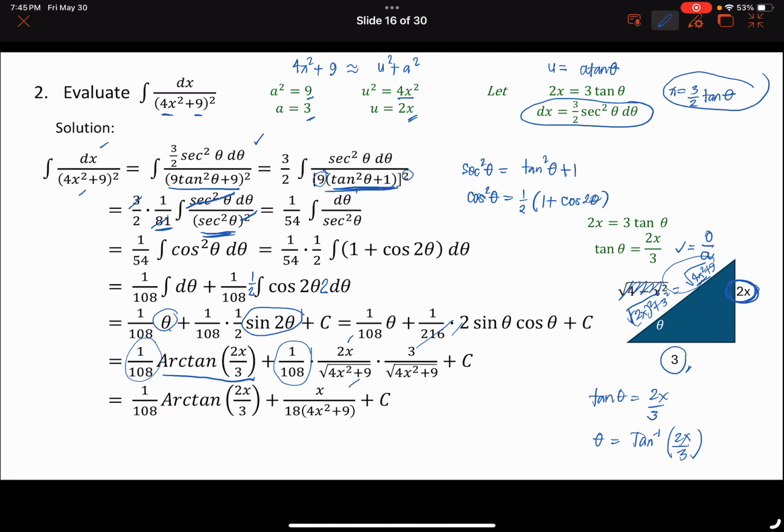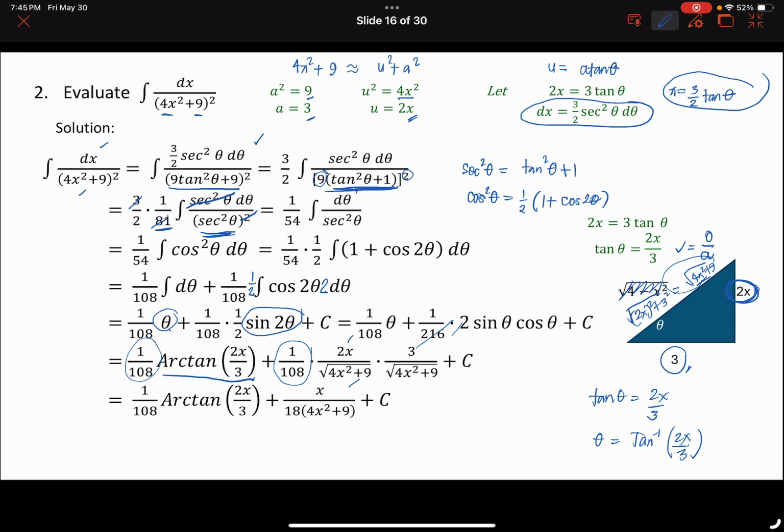So we now have 1 over 108 arctangent of 2x over 3 plus, so we cancel out 2 times 3 is 6 to 108.